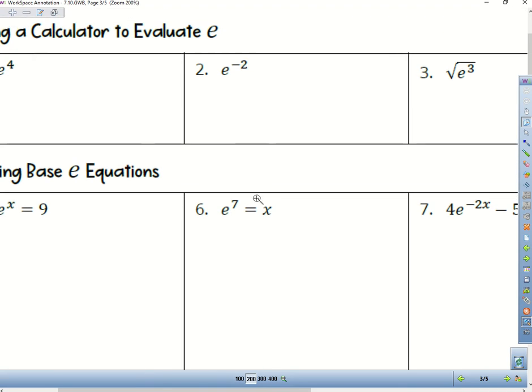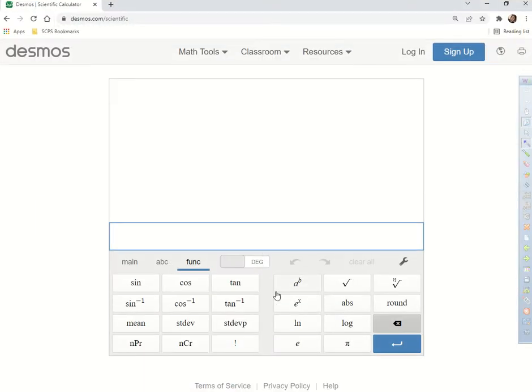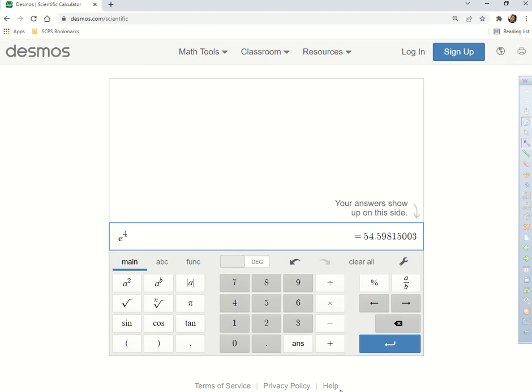So the first thing we're going to just do is evaluate e. We're just going to practice typing this into the calculator. So we want to do e to the 4th power. So all you have to do is you go to your Desmos, and you type in e to the x. The reason I use e to the x is because I want to put e to some power. And then for the power, I'm going to put in 4. So you see I was able to put in e to the 4th power.